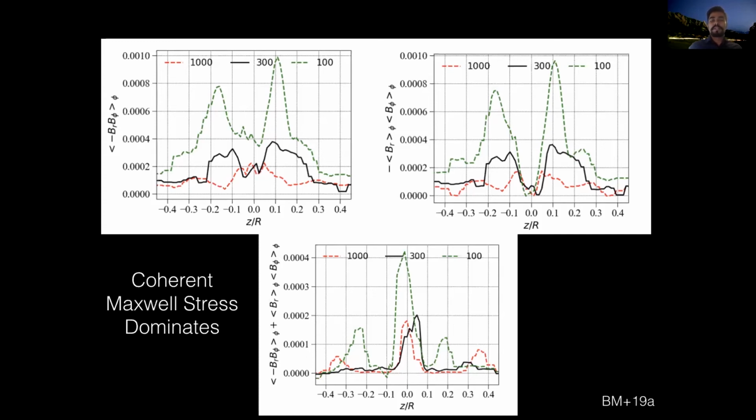Now, if you decompose that total Maxwell stress into a turbulent component and a coherent component, what we are finding from the upper right corner plot is that the accreting regions have a coherent magnetic field dominated Maxwell stress component, whereas the midplane is more turbulence dominated. So that's something new and interesting.